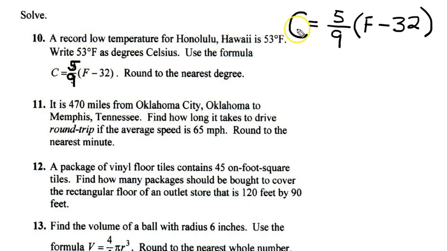So this is the formula for converting Fahrenheit, which you would put here, into Celsius. Now, one of the questions we often have when we do things like this is, suppose we wanted to solve for the formula for Fahrenheit, what would that be? So let's solve for the letter F.